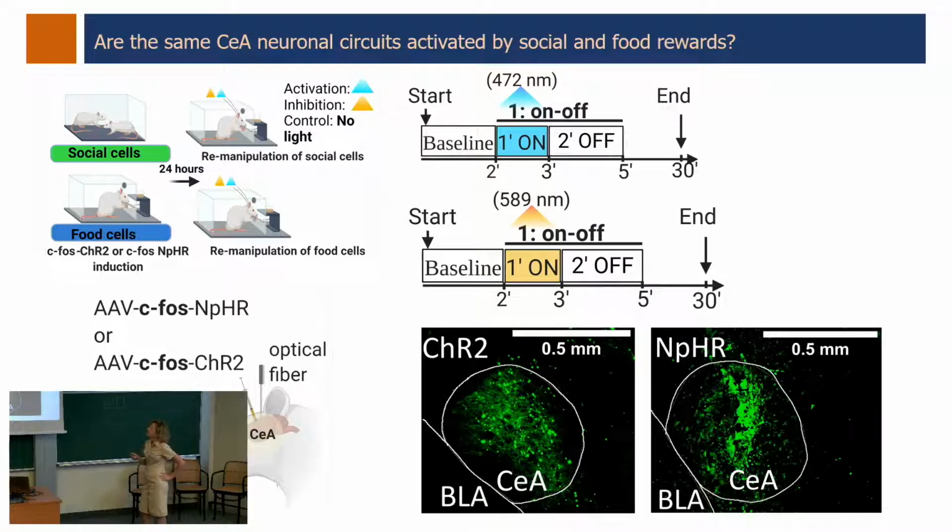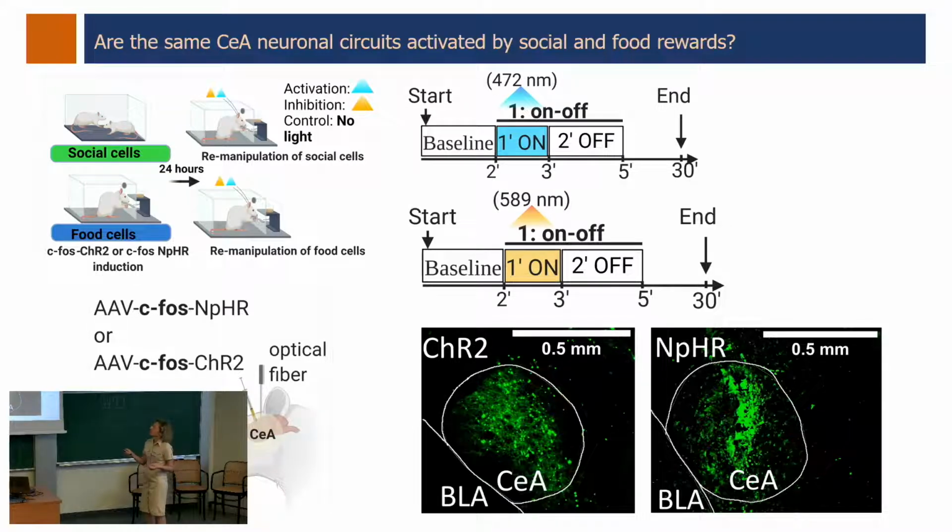So the idea was that in the control conditions, when we activated the food cells, we expected that pressing the lever will be increased by optogenetic stimulation of these cells, because we assume that they are the same cells here and here.